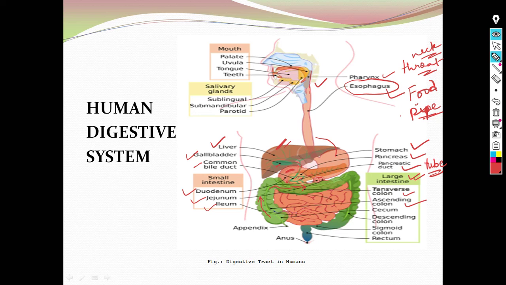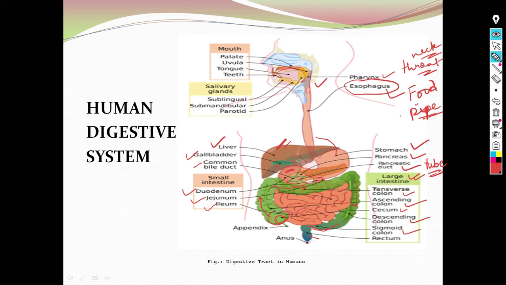Then it is coming down here, so it is called the descending colon. And the starting part is called the cecum. After the descending colon, we call it the sigmoid colon because of the shape.